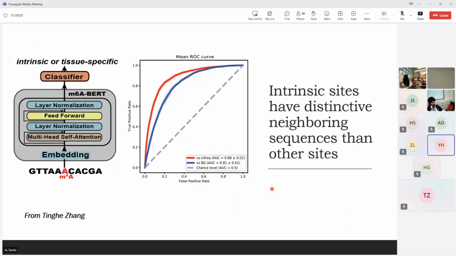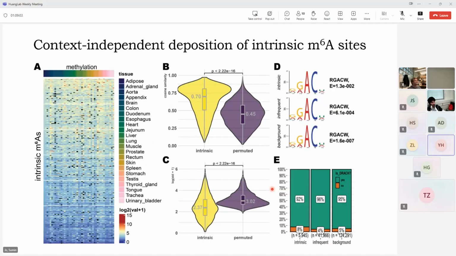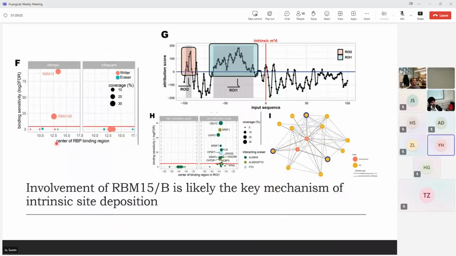Now, to pinpoint the regions where these nucleotide differences are between the two groups, between intrinsic and infrequent sites, you use a deep learning interpretation method, specifically integrated gradients, to generate the so-called attribution scores for every individual nucleotide in this 125 nucleotides up and downstream of M6A sites.